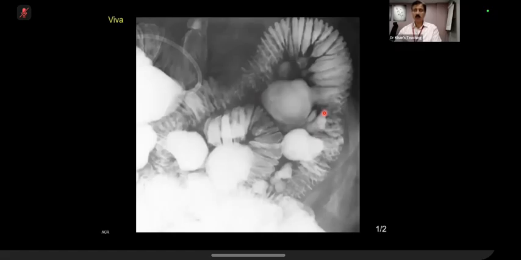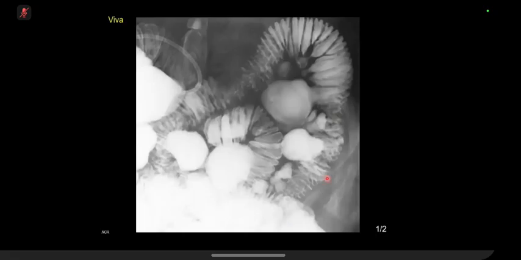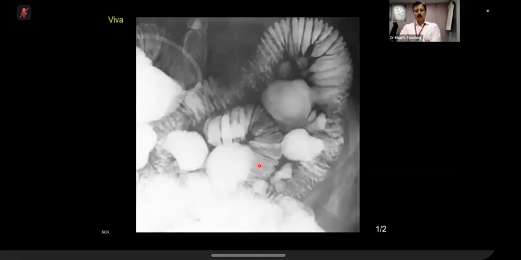Spot diagnosis. Number 2. What is happening here? So there are multiple sacculations with thickening of the small bowel. Which border is involved?